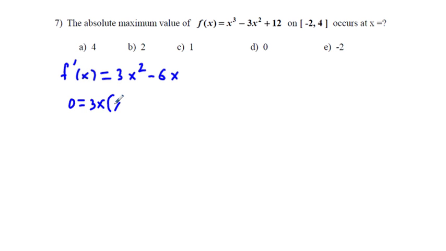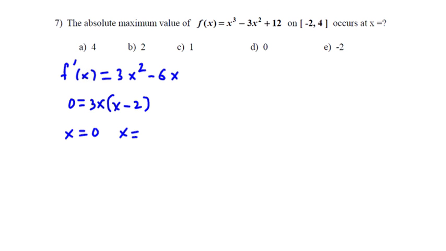We're going to have x minus 2. So using the zero factor property, 3x equals 0, x equals 0 is one of our critical numbers, and setting x minus 2 equals 0, x equals 2 is another of our critical numbers. And we can go to a number line like we've done earlier here.